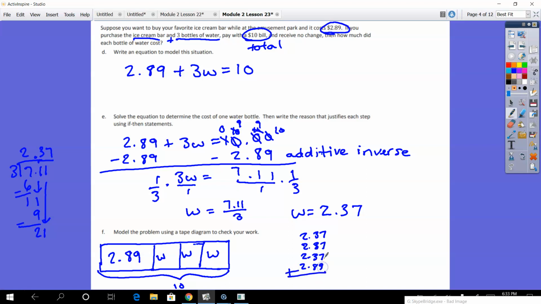So 9 plus 7 is 16, 17, 18, 19, 20, and so it does check out.